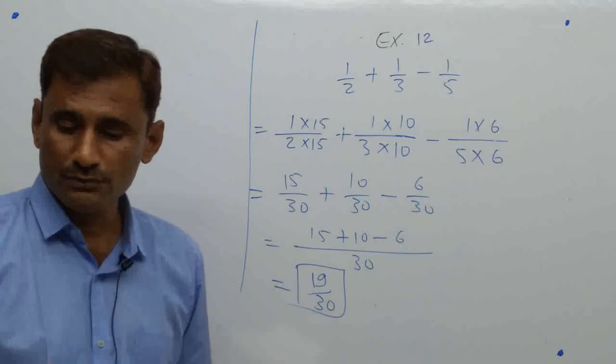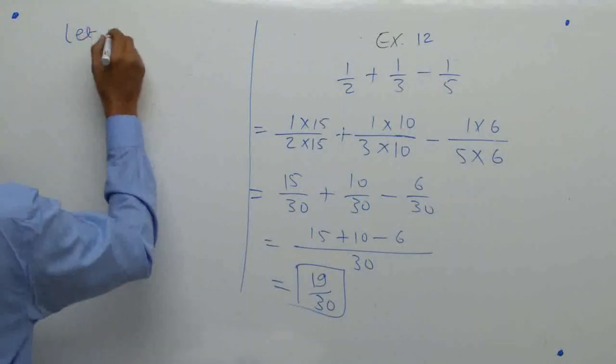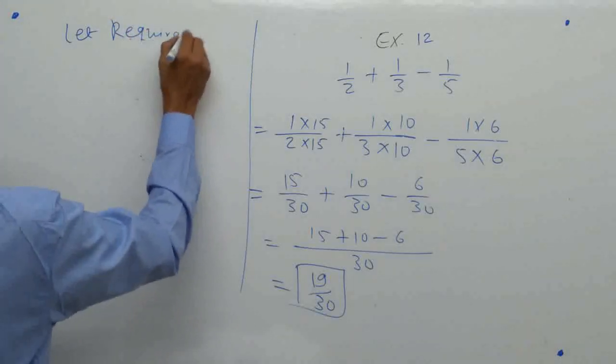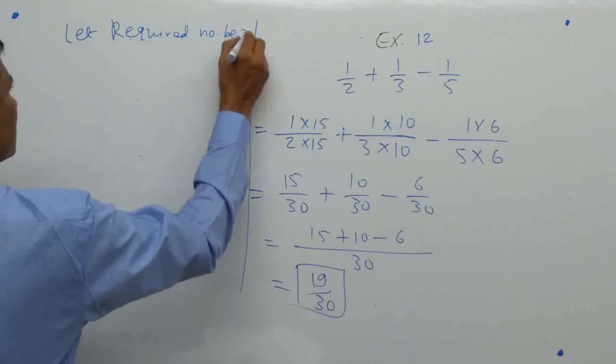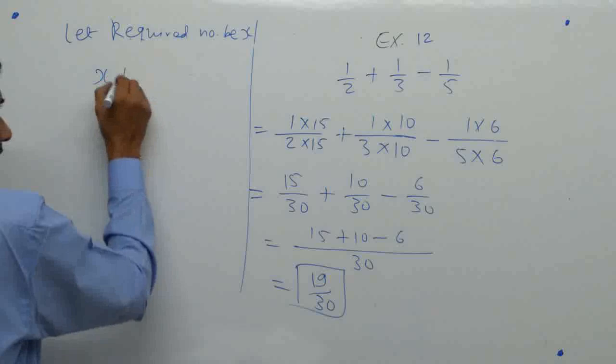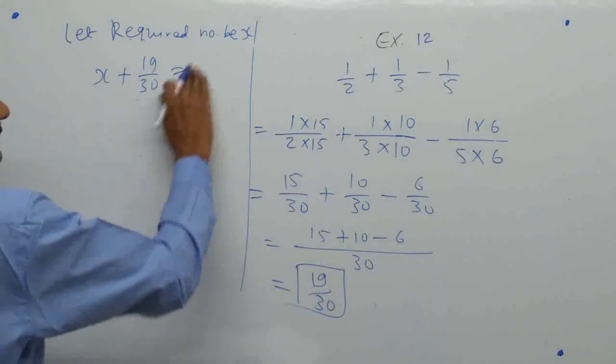They are saying what should be added to this one to get 3. Okay, so let the required number be x. So x plus this, now we cannot write a bracket because it is already simplified, and we want 3 here.